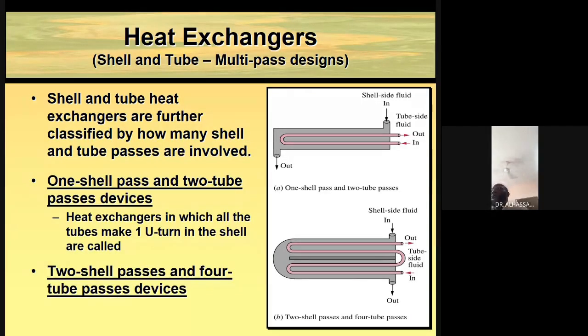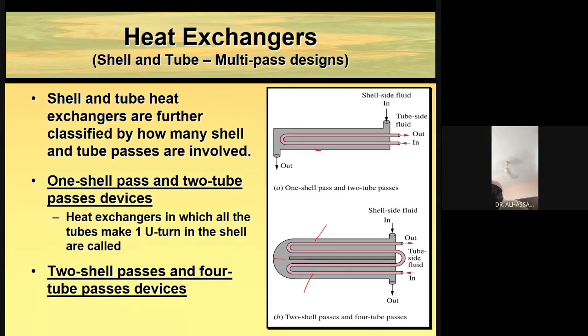Now let us look at shell and tube multiple pass. Here we have one shell pass and two tubes. Here we can have two shells. Two shells means there is a line dividing this, so this is one shell, this is another shell.